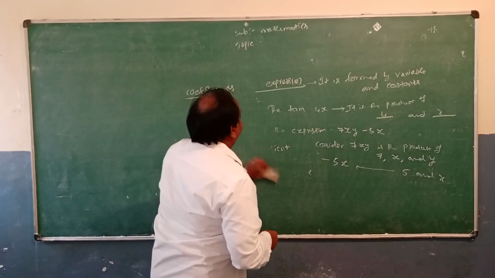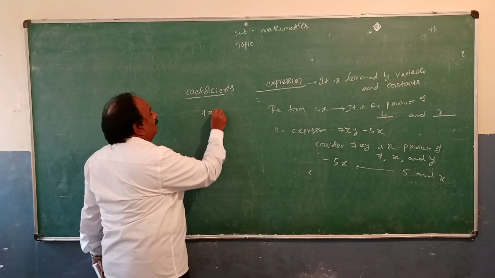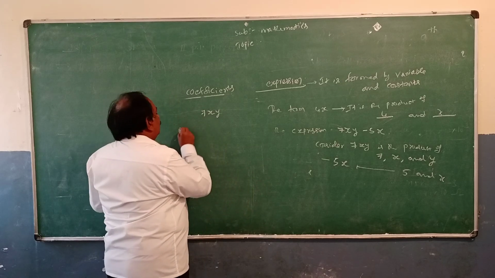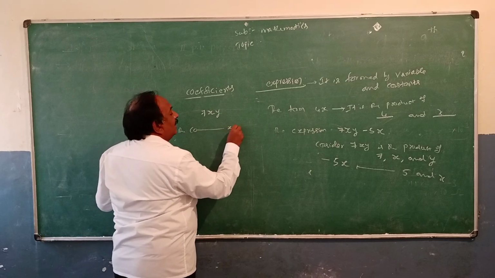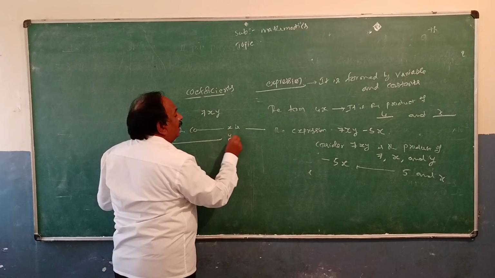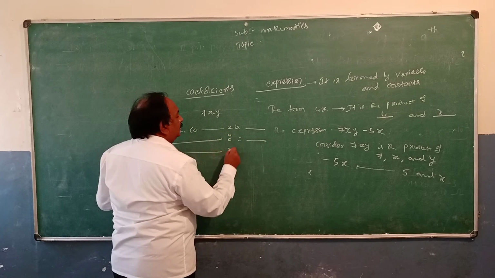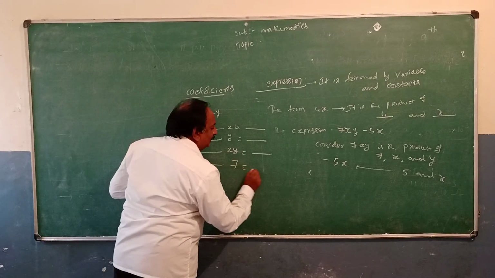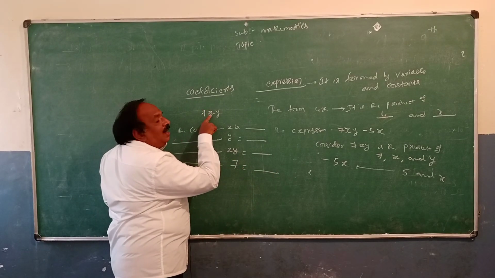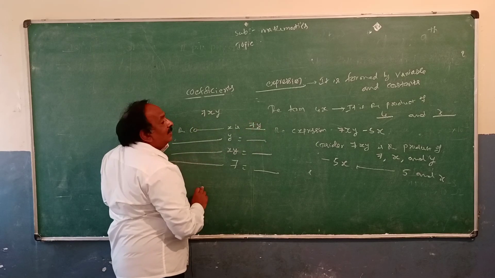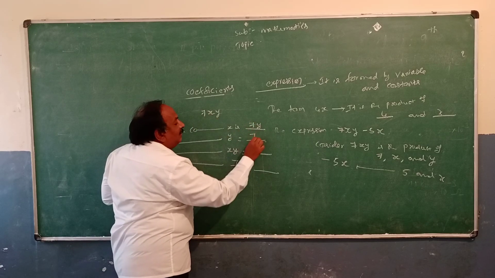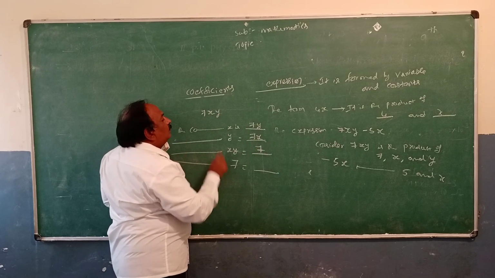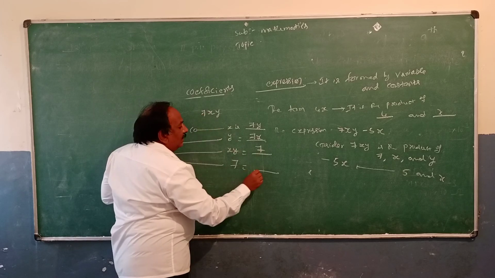Now consider 7xy. The coefficient of x is 7y, the coefficient of y is 7x, the coefficient of xy is 7, the coefficient of 7 is xy.